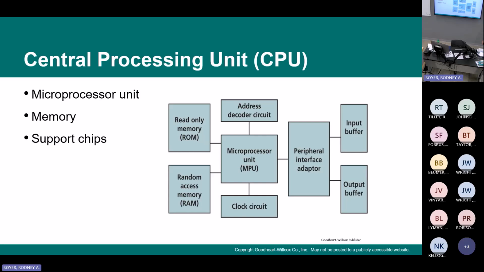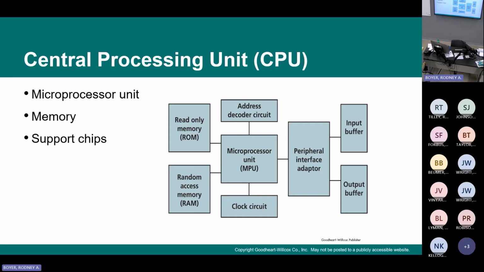CPU contains the microprocessor, memory, and support chips. Microprocessor is just that, it's the brain, the microprocessor unit. Address decoder, clock circuit, and peripheral interface adapter are ways that it communicates with the outside world.